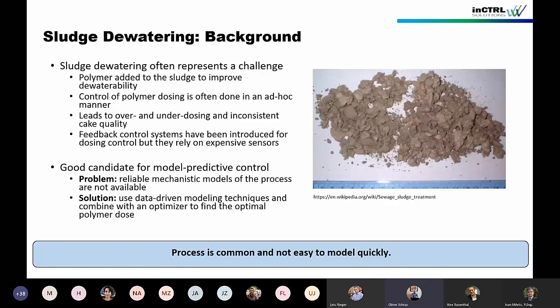It's hard to quantify. If I change the dose by 1%, how much does that affect the cake concentration? So when it's something complicated like that, where you don't really have a good physical, intuitive understanding of how the system responds, it can be a good candidate for what we call model predictive control.